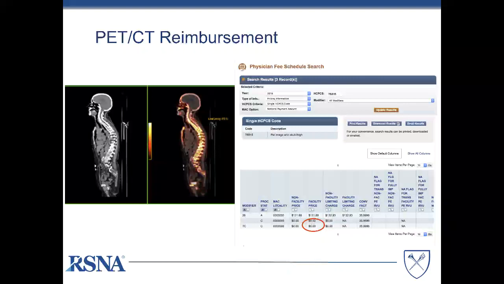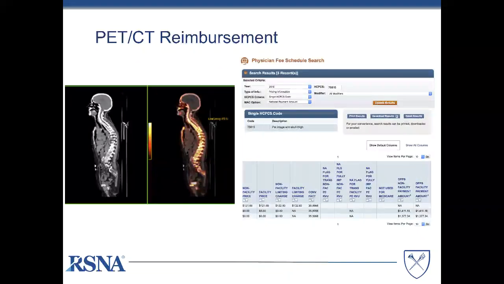Let's then take a look at a different part of the Medicare physician fee schedule. The fee schedule amount has only a hospital outpatient prospective payment system, OPPS, payment because these are typically performed in the hospital outpatient setting. Now we can see that the amount would be about $1,410.